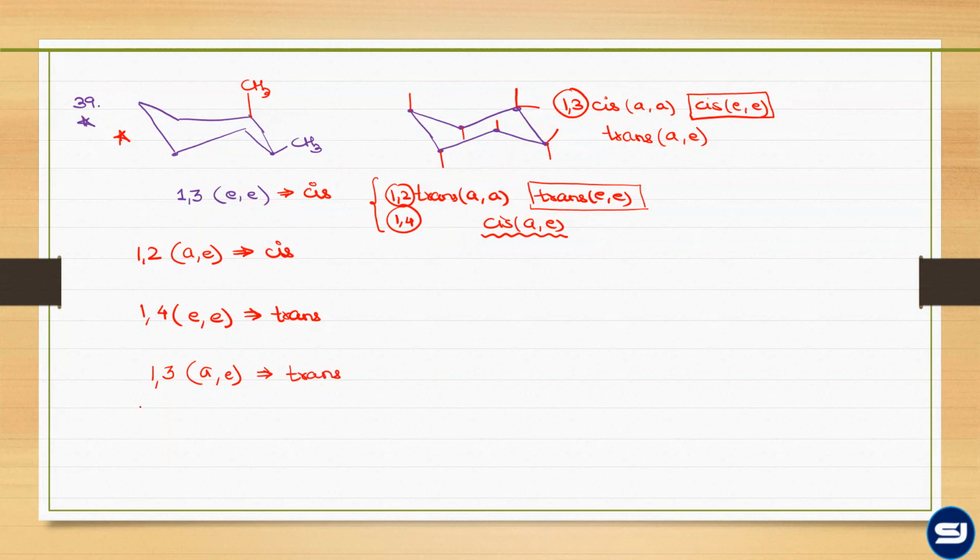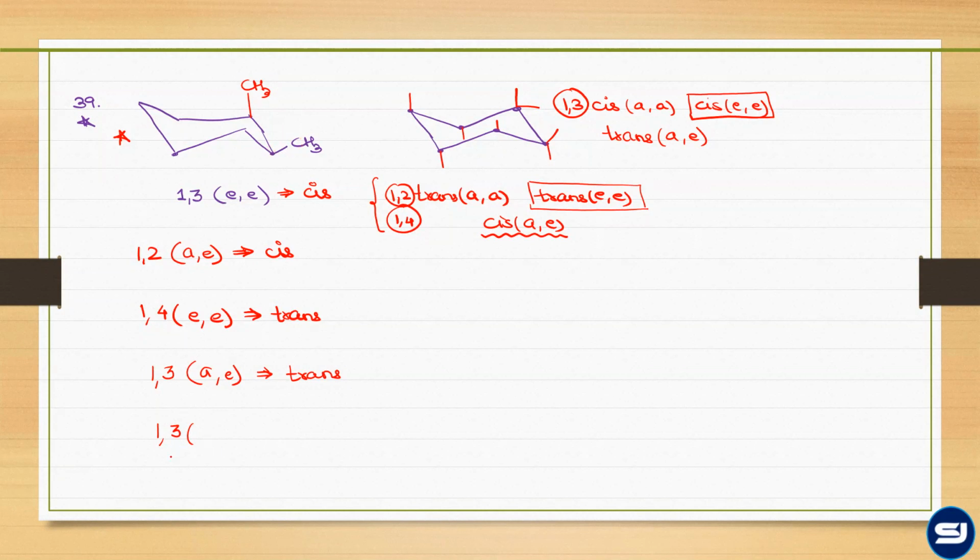Next one is given in half chair, but you can understand the position clearly. What is that? 1,3 EE. E will not be there, it's vertical lines. Equatorial will always be like this.